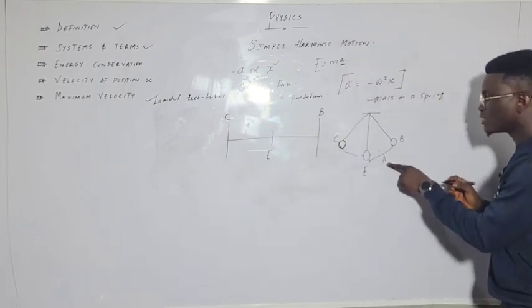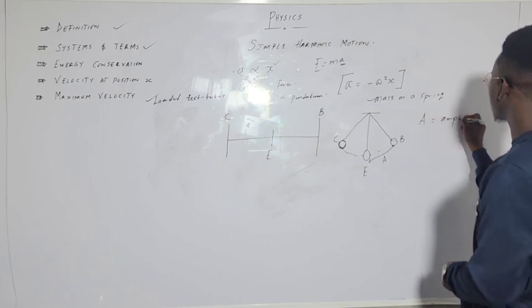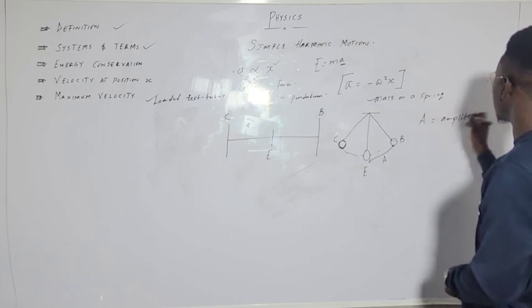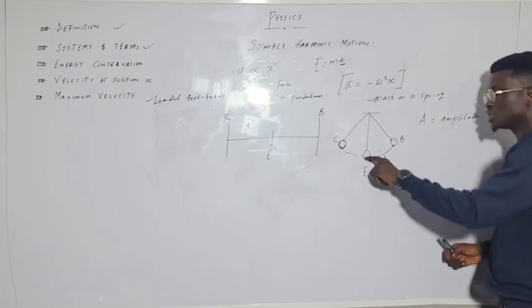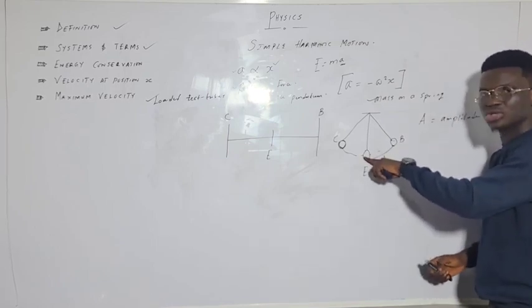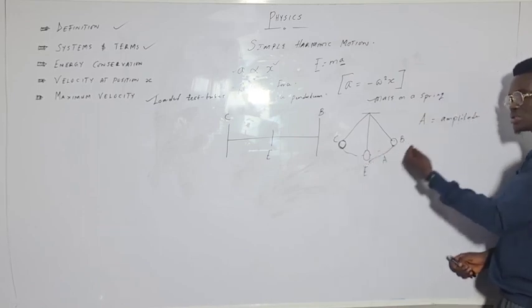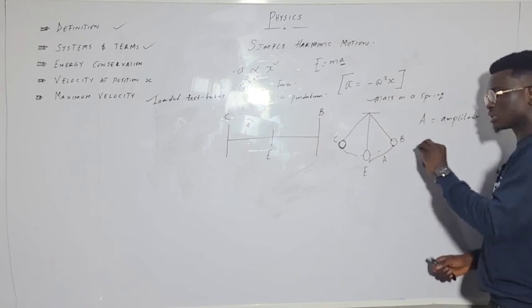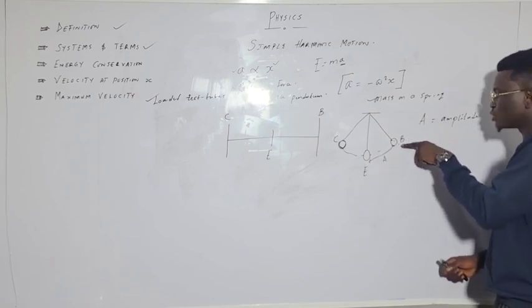Now A represents what we call amplitude. You can write in your notes: an amplitude is the maximum displacement from the equilibrium position. So the maximum position you will displace it to is what we call amplitude.